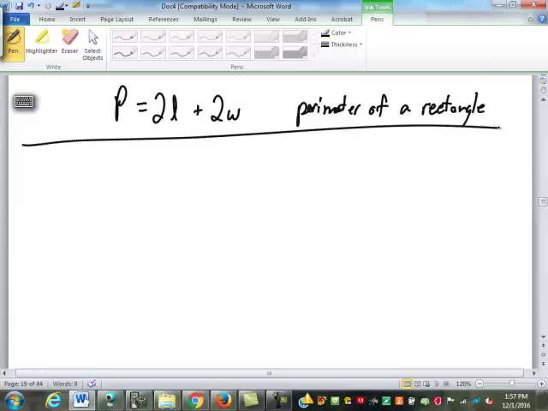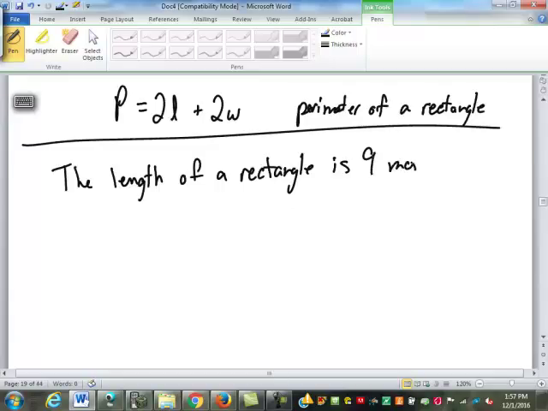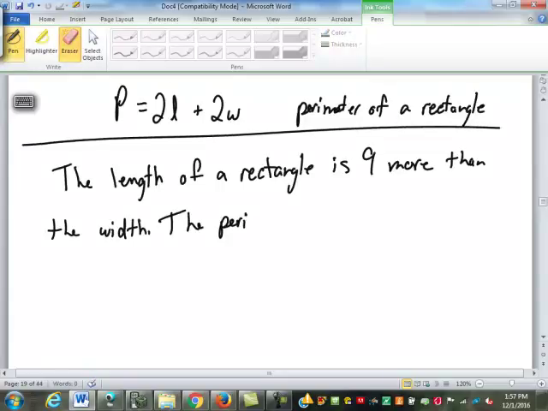So if I tell you that the length of a rectangle is 9 more than the width, the perimeter is 178.